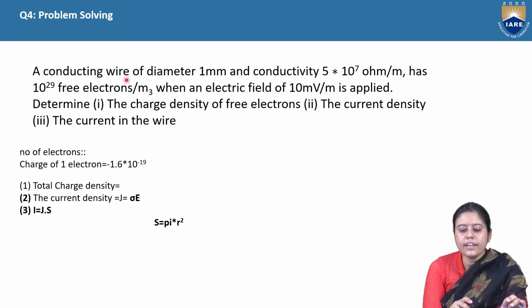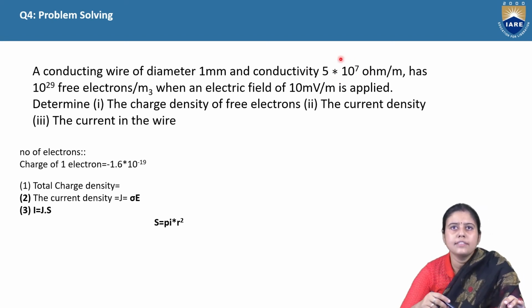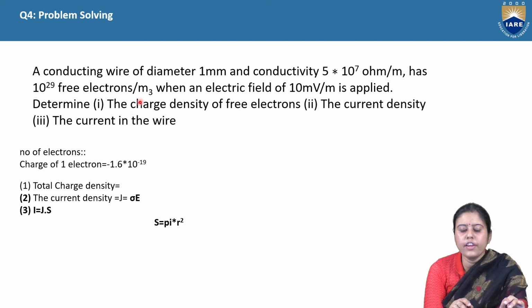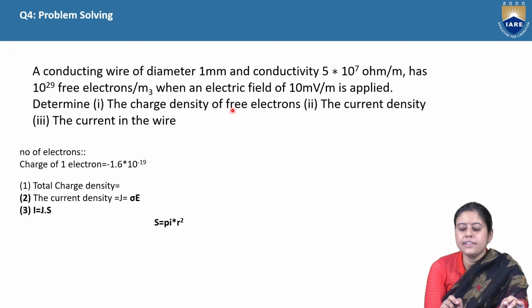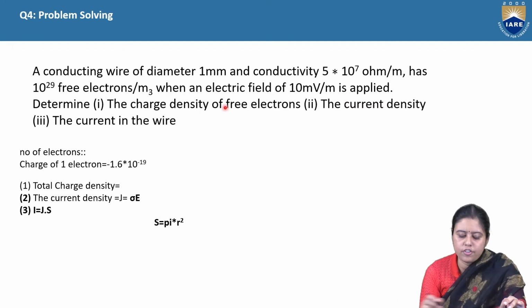A conducting wire of diameter 1 millimeter and conductivity 5 into 10 to the power 7 ohm per meter has 10 to the power 29 free electrons per meter cube. When an electric field of 10 millivolt per meter is applied, determine the charge density of the free electrons.